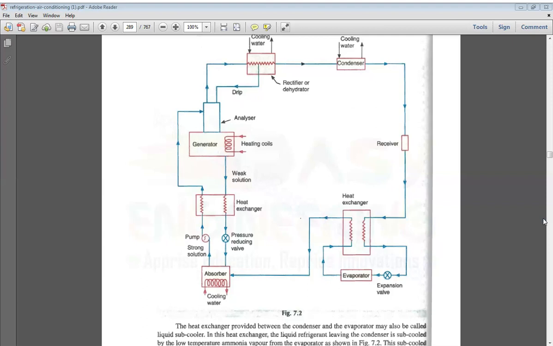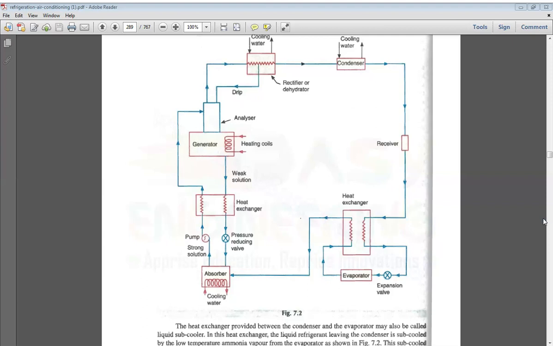But here, the high pressure and high temperature liquid refrigerant from the receiver enters through the heat exchanger. It is a counterflow heat exchanger only. So here we add some amount of heat from the evaporator. The evaporator leaves low pressure, low temperature vapor refrigerant. It absorbs some amount of heat from the high pressure and high temperature liquid refrigerant.